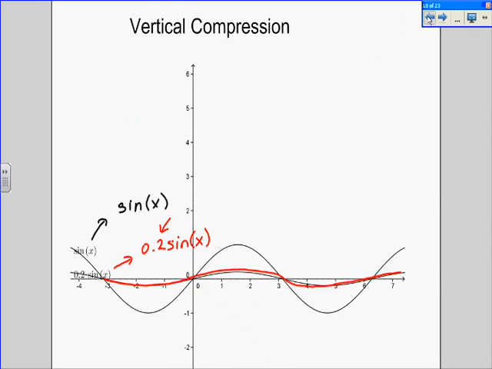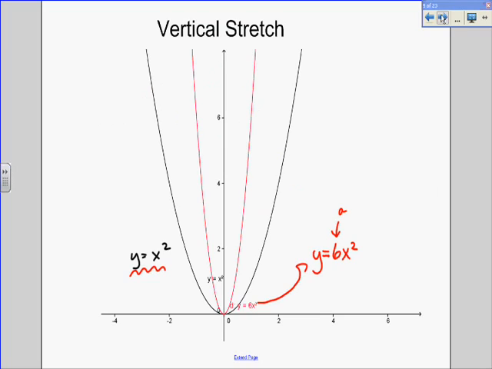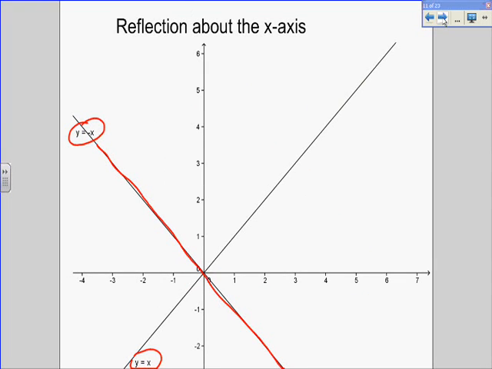We can see here that A is less than 0, which it is, negative 1 is less than 0, so we end up with a reflection around the x-axis. We can see that happening here. This y equals x line has been flipped up over the x-axis. It's been reflected, and that's what it looks like here.